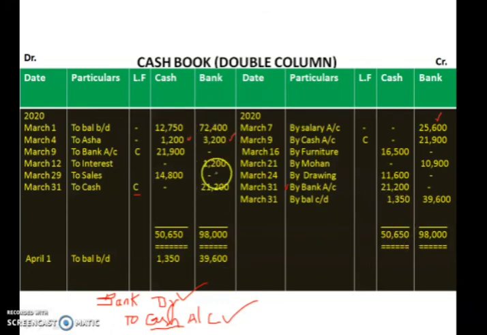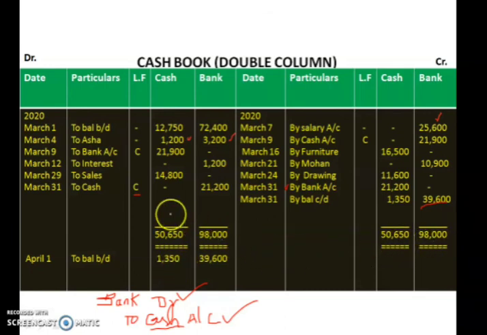Next is the bank balance. When you make the total of the bank side, you will get 98,000 on the debit side, but your credit side will be short by 39,600. So first you make the total of the debit side, then you subtract the credit side, and you will get a difference of 39,600 that you will write on the credit side, and make the total equal on both sides at 98,000.